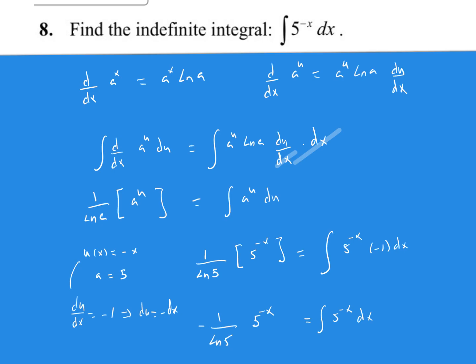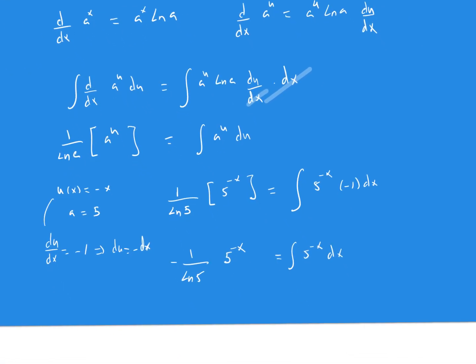Okay, now I will say, wow, but the integral that I want is 5 to the minus x dx. This is the integral that I want. And this is equal to this, with the minus sign going out of the integral.